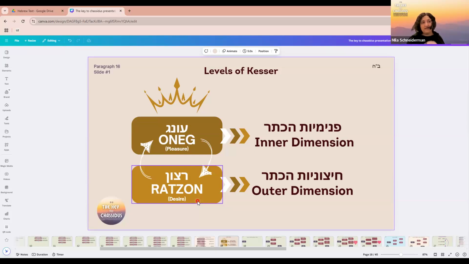Okay, and it always has oneg and ratzon. Literally any behavior. We could break it down and analyze it, and you always reach a secondary ratzon, primary ratzon, and so on and so forth. And ultimately, it all comes to a place of oneg.